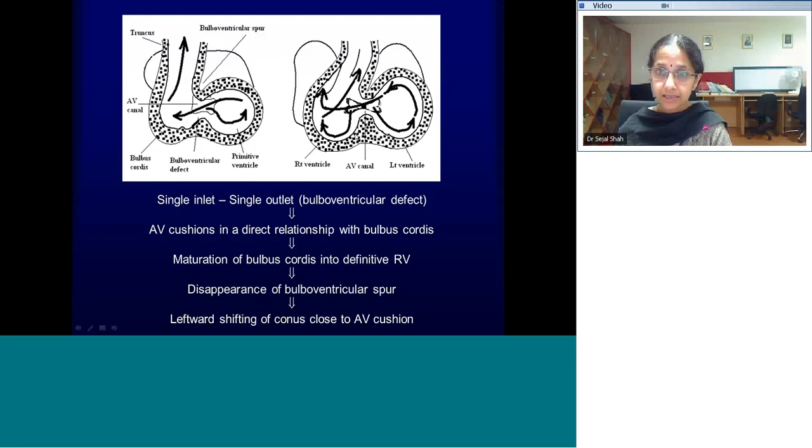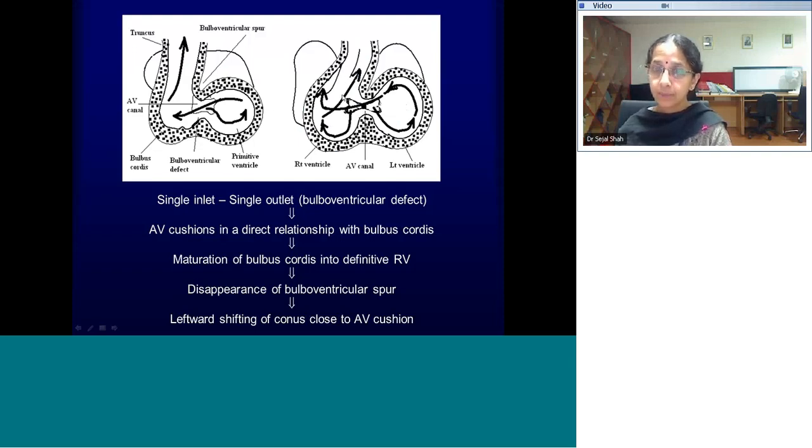This is an important understanding because this explains why a persistent outlet with the right ventricle is more common than the left, because you always have a communication between the future right ventricle and the truncus, and also why a double outlet right ventricle is more common than the left ventricle.